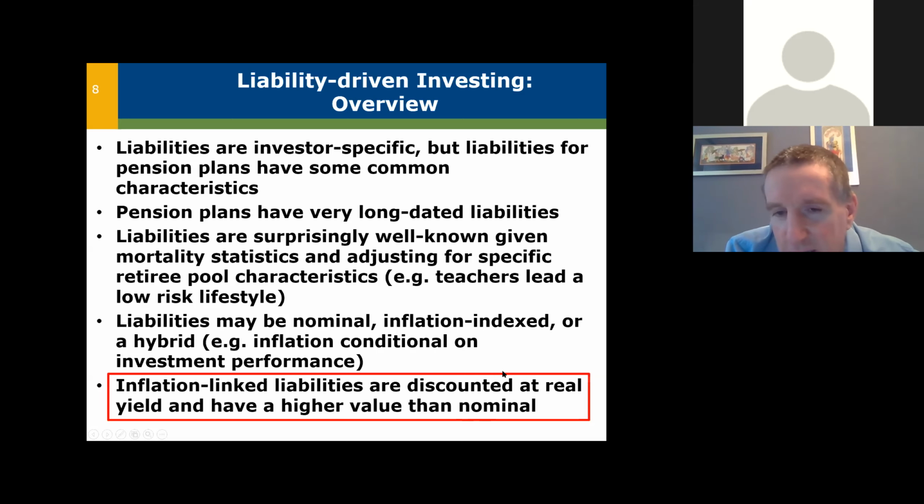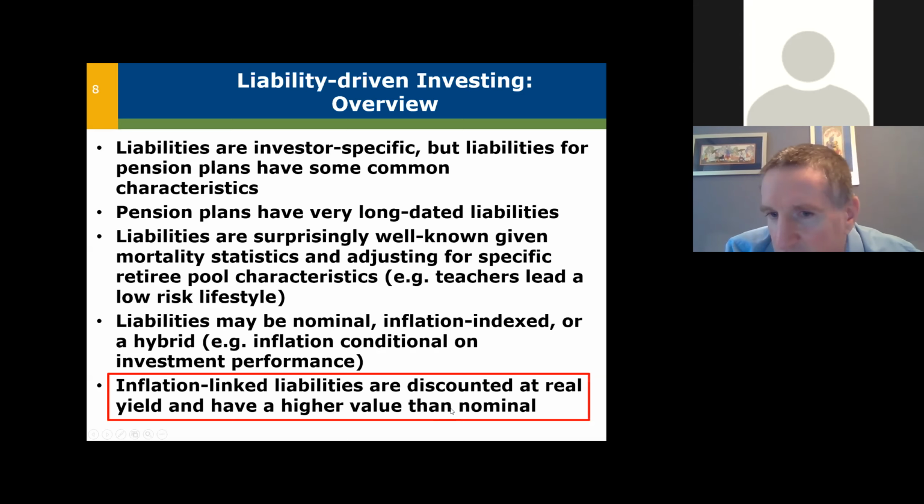So clearly receiving a real dollar, in other words a dollar that grows with inflation, is much more valuable than receiving a nominal dollar. If the nominal yield in my example is 5%, to make the math easy, let's say inflation was 3%, so the real yield is 2%, because the real yield is the nominal yield minus the inflation rate.